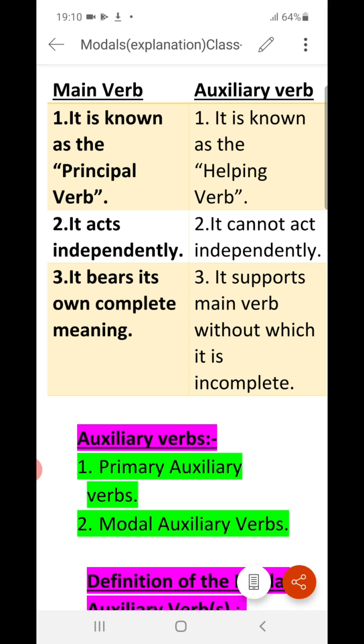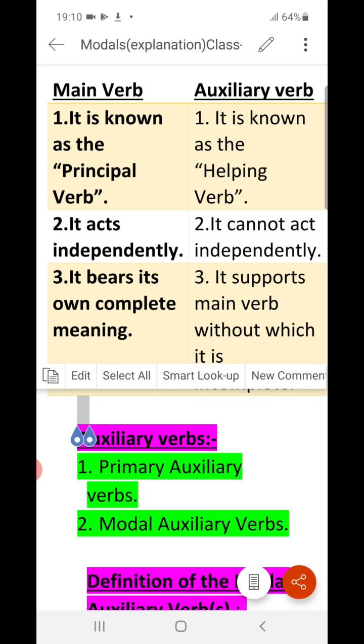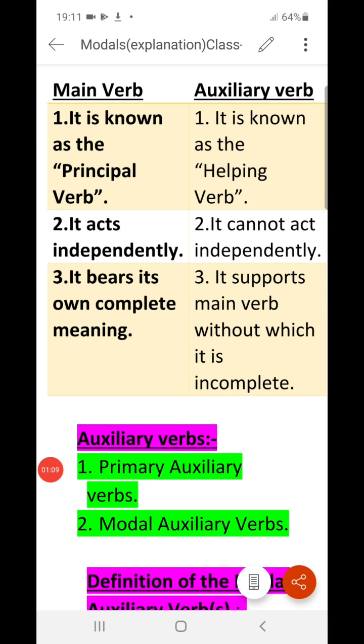So the role of main verb is very important, and it's almost in the position of utmost importance. So it has been called the principal verb.